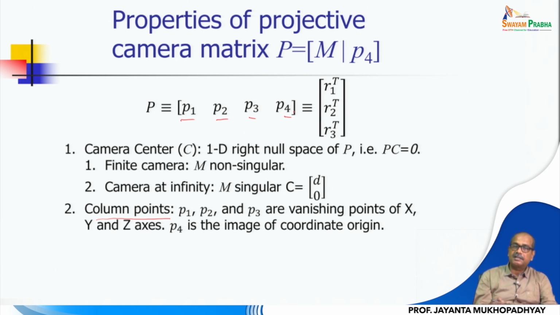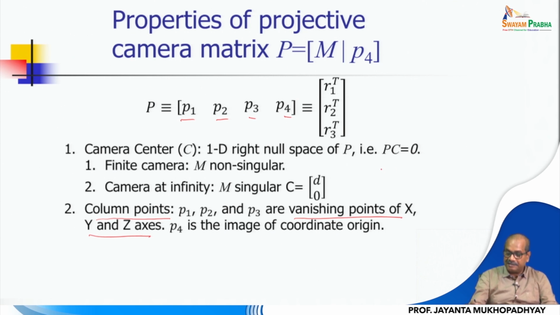As you know, each column vector is a 3 cross 1 vector, which means it can be represented as a point in the 2D projective space, or can be mapped to some image point. Each column vector would be some image point. So what are those image points? Let us understand for which scene points these image points could be obtained. Here it says, it summarizes, it is the vanishing point of the x, y and z axis.